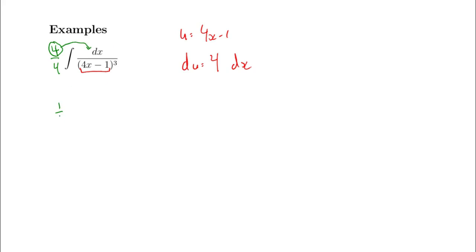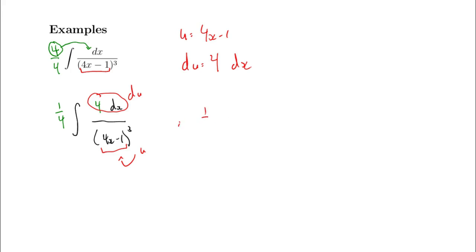So we have 1/4 times the integral of 4 dx all over 4x minus 1 cubed, where we're going to take this stuff and make it u. Suddenly, this is our du. That's u. So we have 1/4 times the integral of du over u cubed.